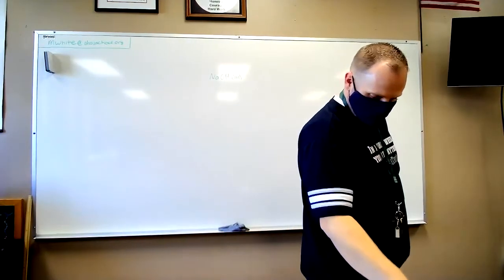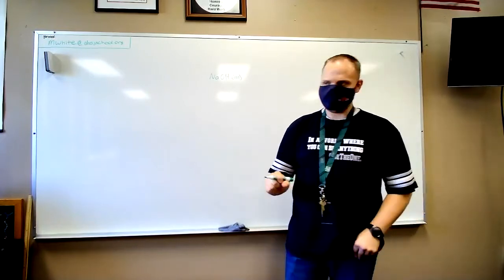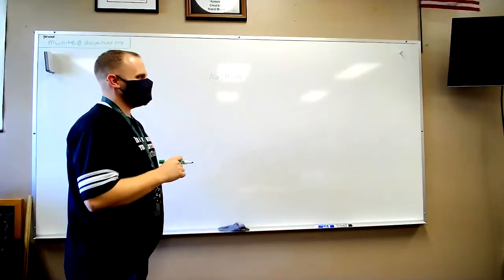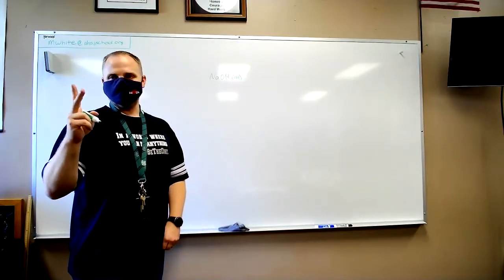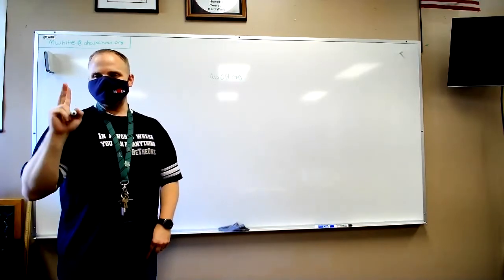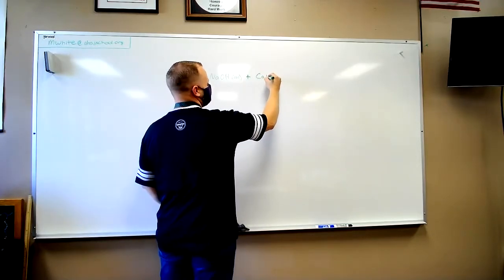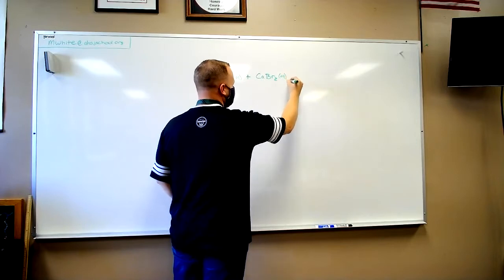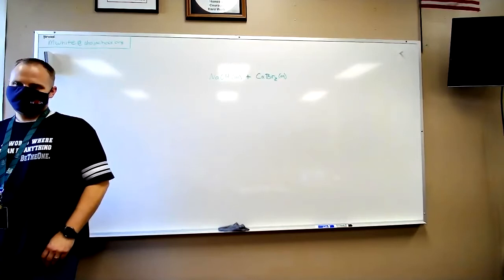And then we also have calcium bromide. Once again, if we go through our ionic charges, calcium is going to be +2, bromine is -1, so we need 2 bromines to balance the charge. Okay, so this is what we have. So those are the reactants. That's what we're starting with.